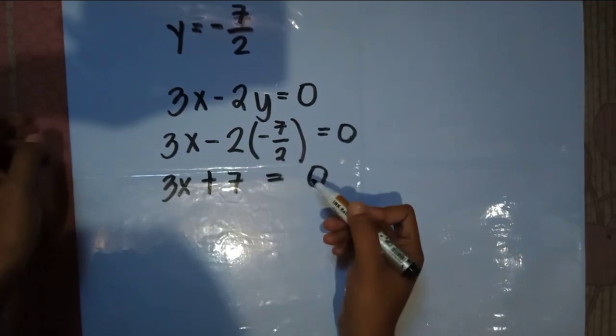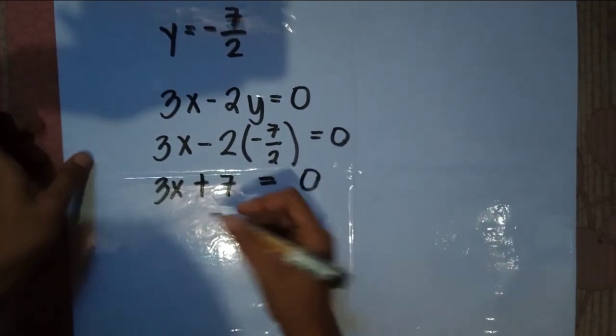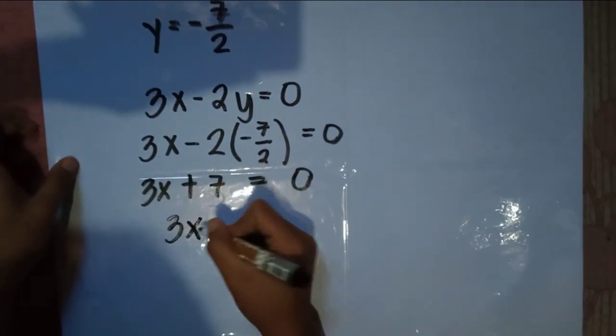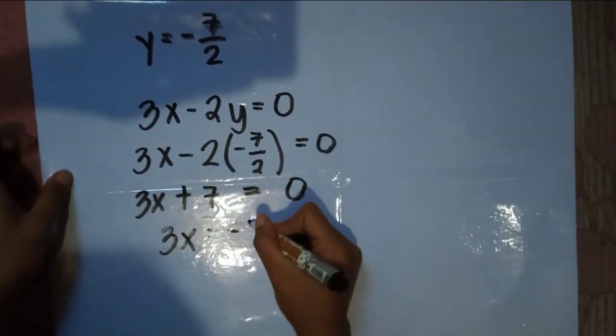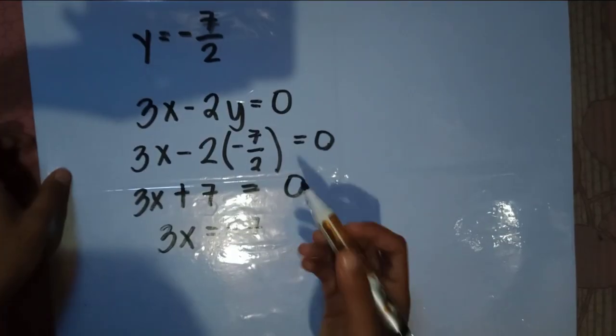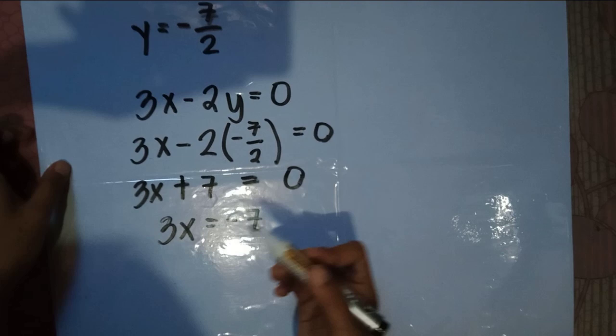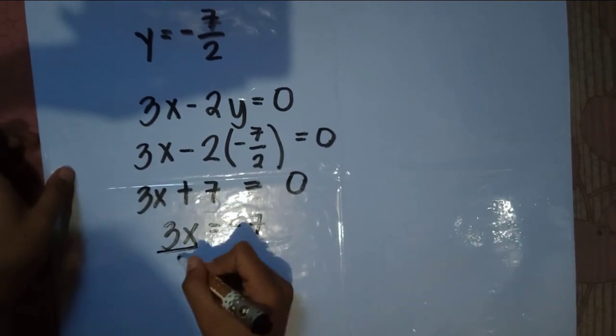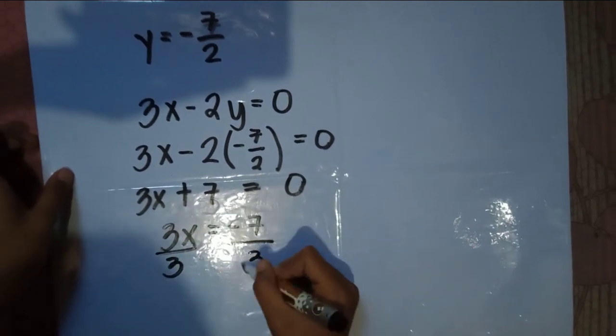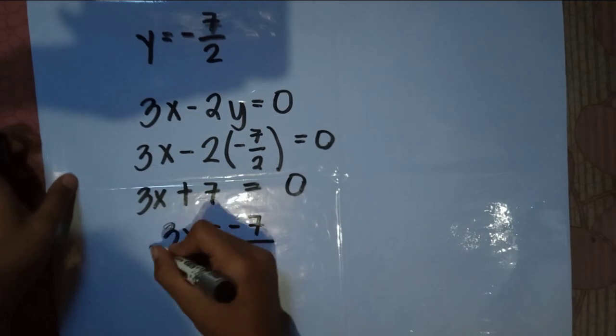Next, we need to transpose the positive 7 to the right side of the equation. The equation will become 3x equals negative 7. To get x, we need to divide both sides by 3. Cancel out the 3.